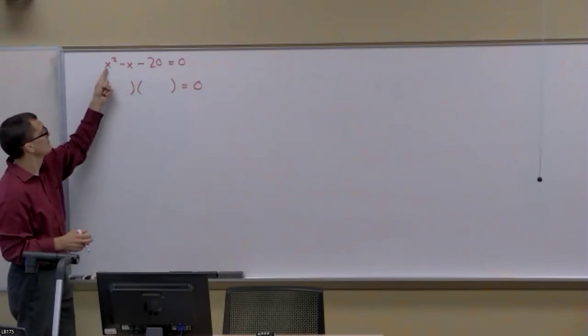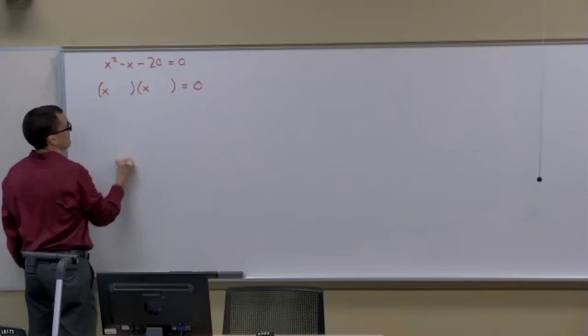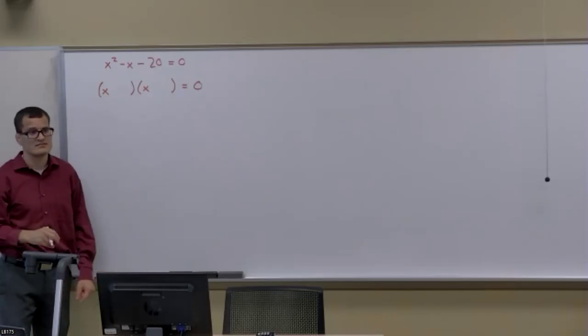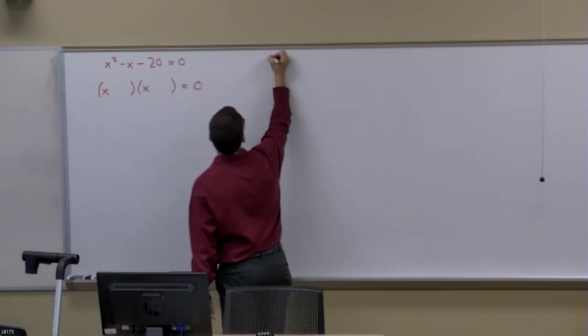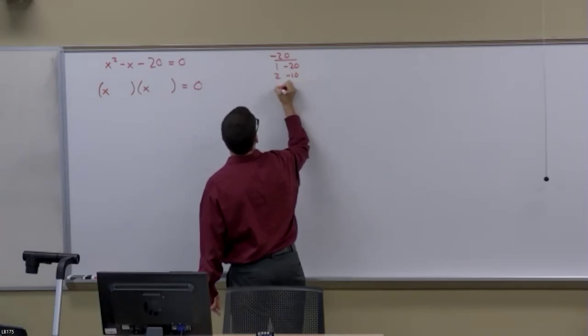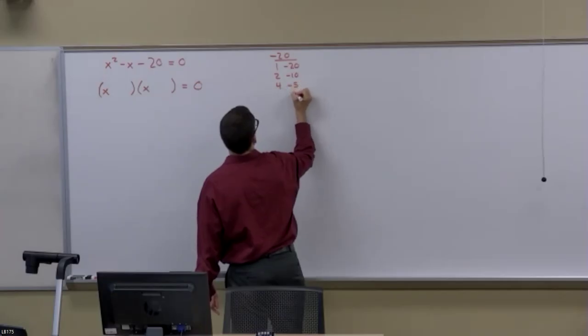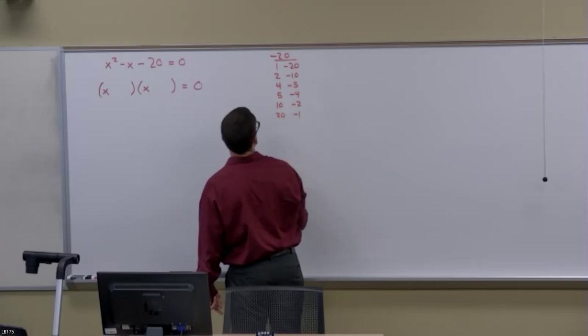And the first terms have to multiply to give me x squared. So really the only option for that is that each binomial has first term of x. And they have to multiply to give me -20. Now there's going to be lots of options that multiply to give me -20. 1 and -20, 2 and -10, 4 and -5, and then we can do 5, -4, 10, -2, 20, -1. I think I got them all there.